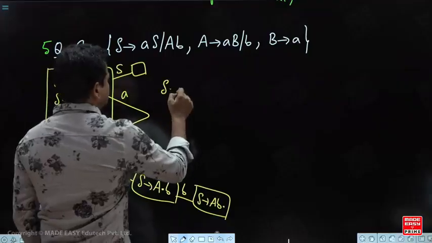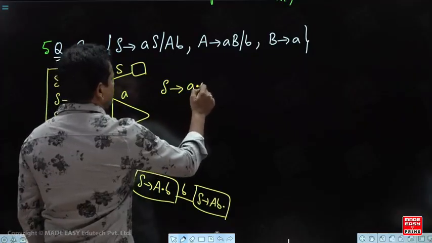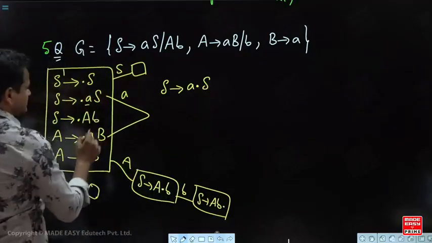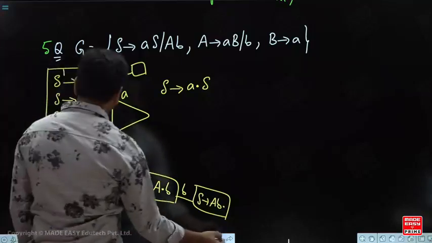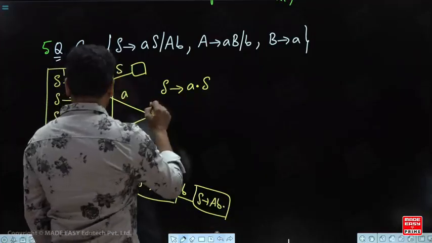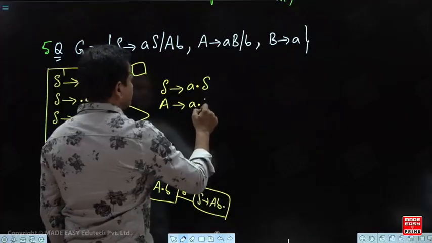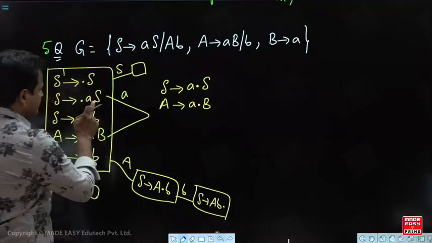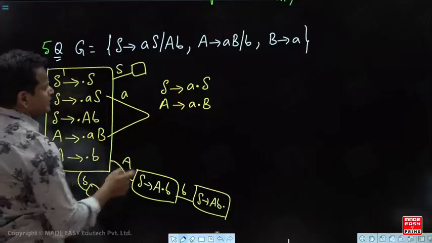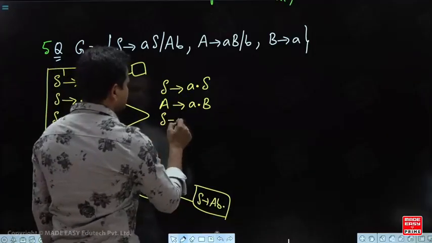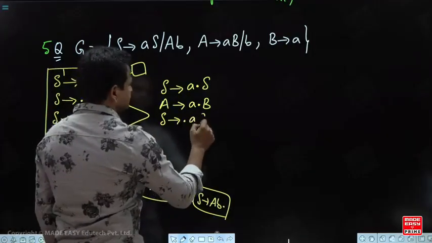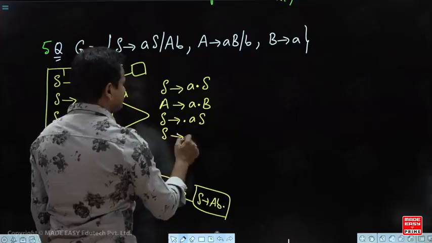Now, on A for this and for this. On A. Next, A derives A dot B. Do you understand? On A, dot S. On A, dot B. Now dot after S, so add its productions. It has two productions, AS and AB.